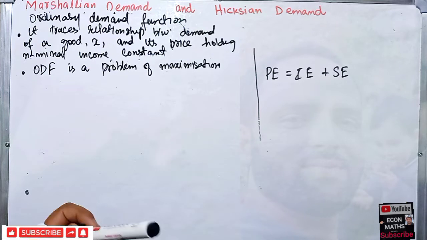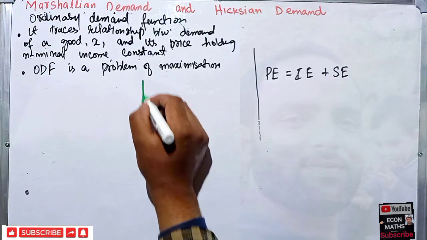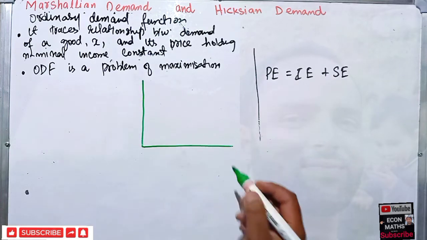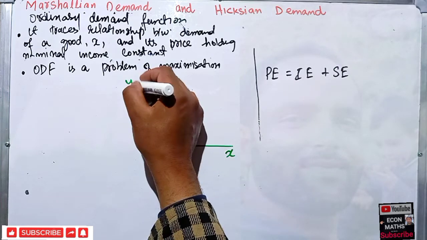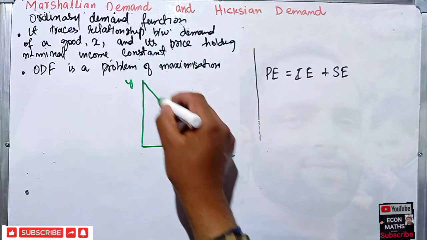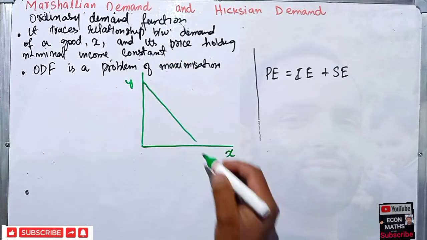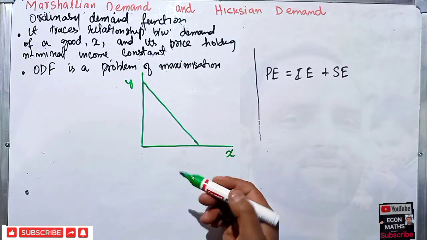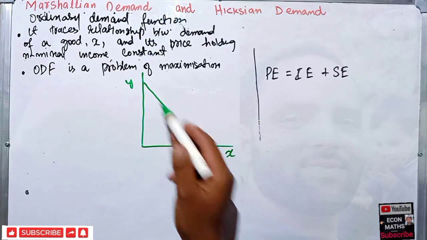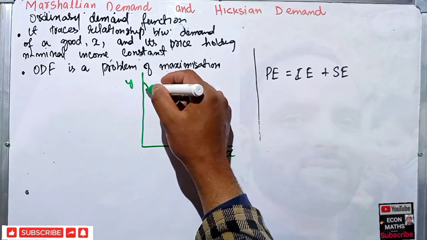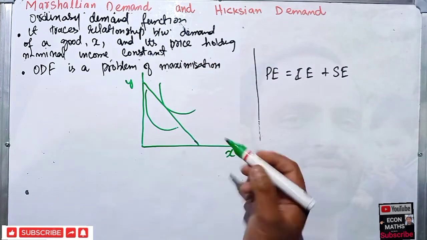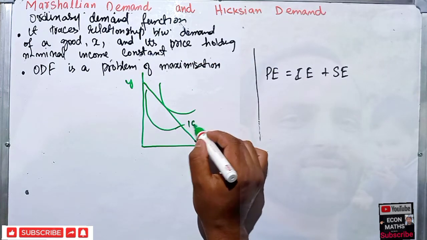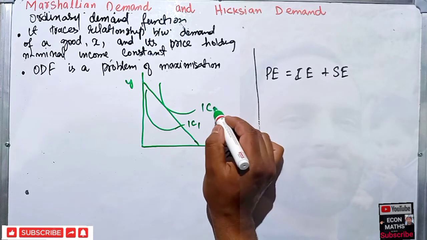Let us say we have this graph. Let us say this is product X and this is product Y, and we have the budget constraint given here. So in the ordinary demand function, with given budget constraint, the consumer wants to reach the higher indifference curve, from IC1 to IC2.